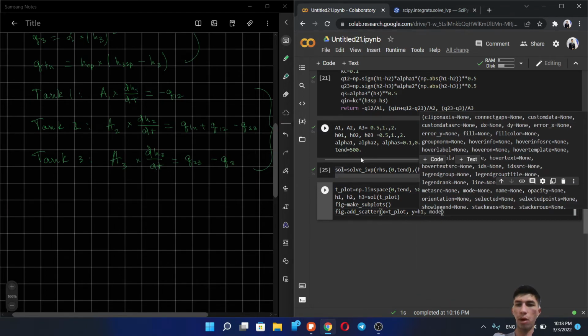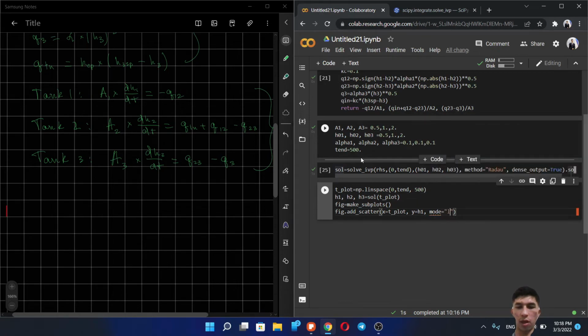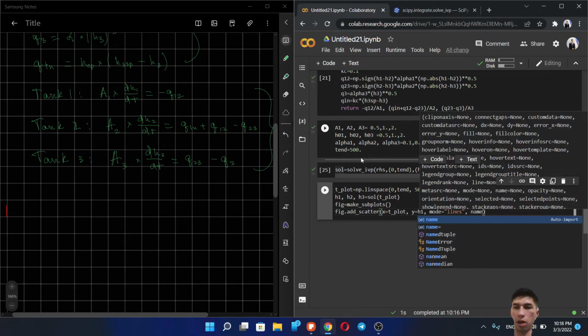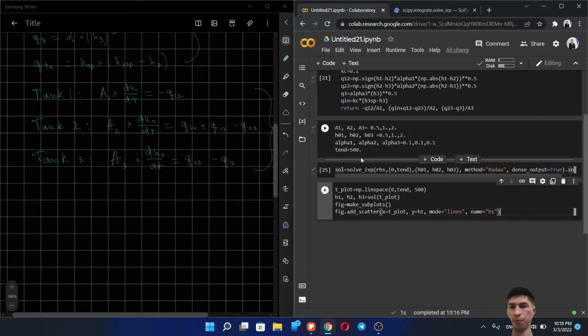For our mode, we're gonna have lines, so we want our graph to be a line. We can give it a name, h1. So let's just copy it.